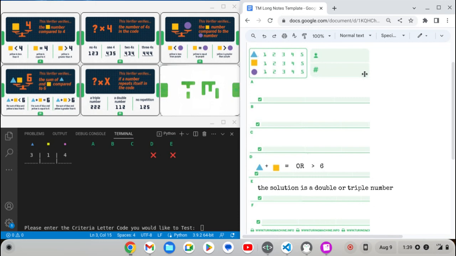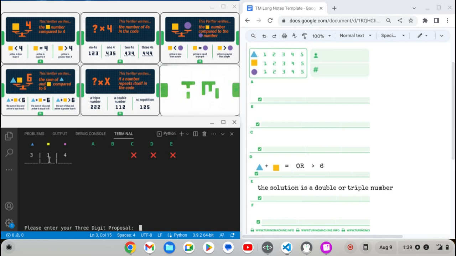And let's see, we also have this criteria card C that'll compare square and circle. So let's go ahead and test criteria card C. Okay, another X. Well, what does this say?